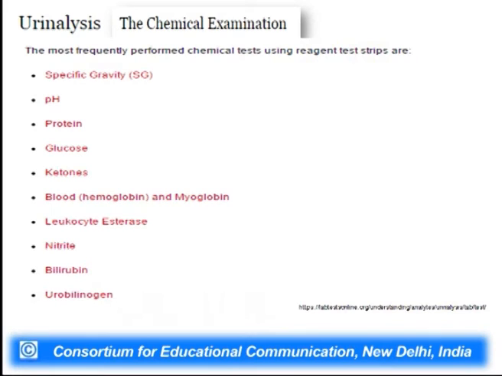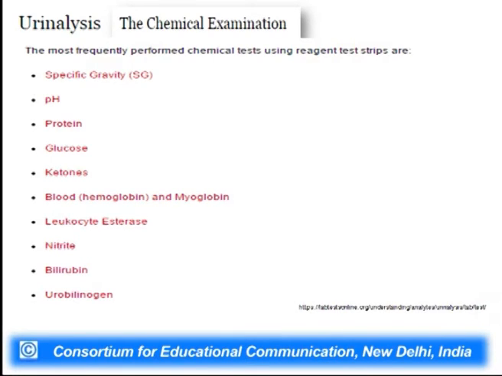In the chemical analysis, various reagent test strips are used, and these enable the doctors or pathologists to specify the specific gravity, the pH, the protein content in the urine, the glucose, which is very essential in determining diabetic patients, then the ketone bodies, hemoglobin, myoglobin, leukocyte esterase, nitrite, bilirubin, and other content.